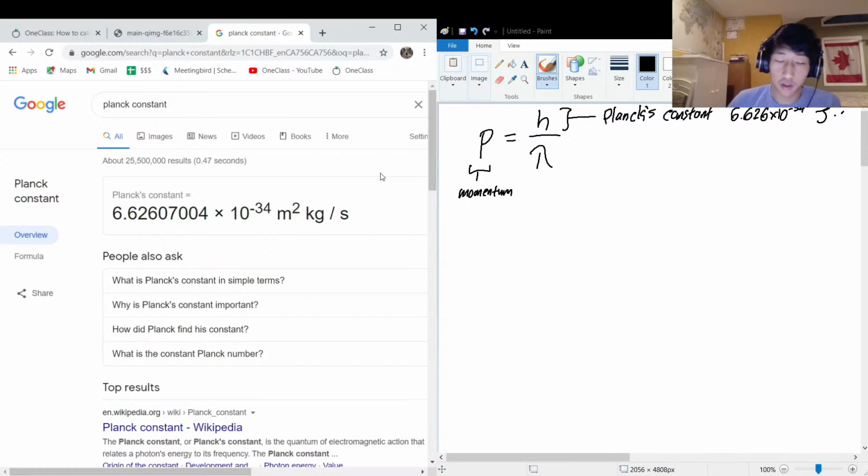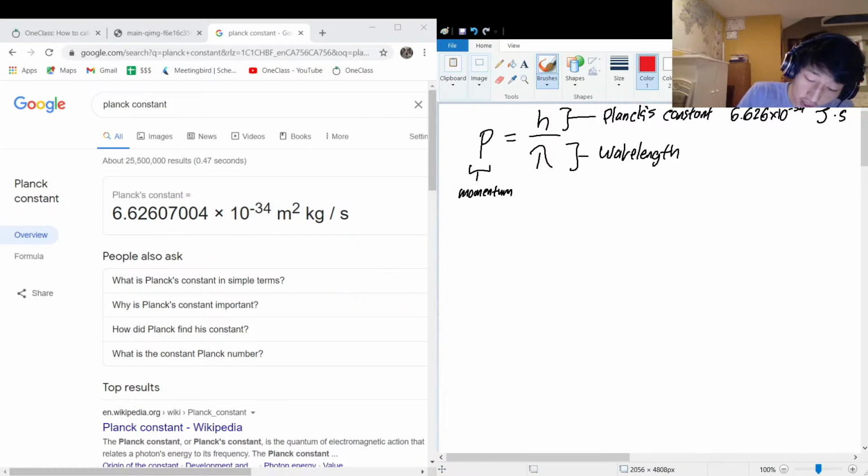Meter squared kilogram per second. That's the same as joule seconds. And here, this is a wavelength. Okay, this is the real equation that you want to use, but I'll show you how we got to this point in the first place.